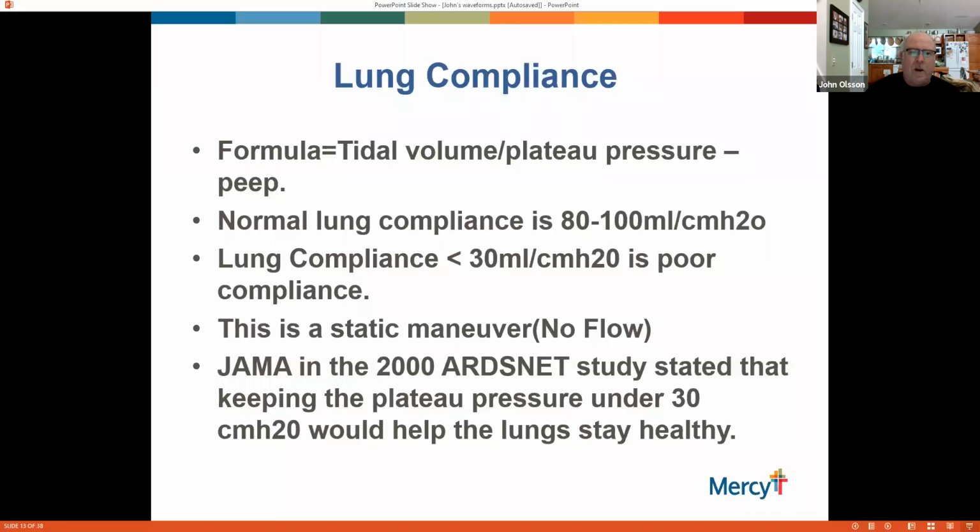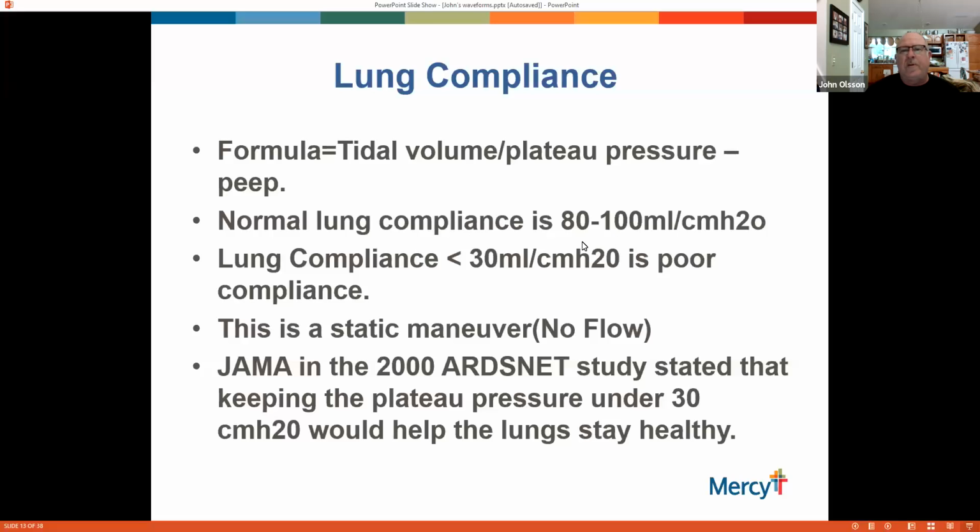It stated that if we can keep our plateau pressure, which is that pressure with an inspiratory hold that we measure on our vent, under 30, we can help keep our lungs from getting damaged. This is a static maneuver, so we have to do a breath hold.